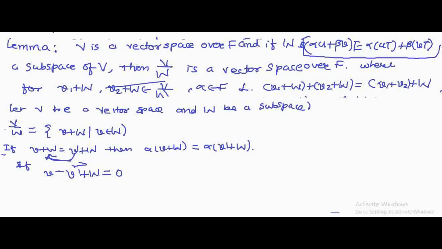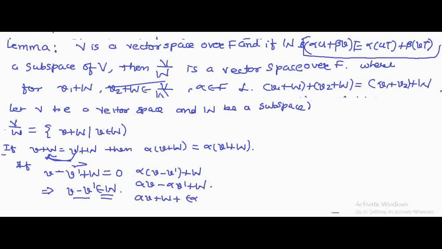Transferring to the left side, this is nothing but V minus V dash belongs to W. Since W is a subspace, we write alpha times V minus V dash plus W, which equals alpha V minus alpha V dash plus W, or alpha V plus W plus minus alpha V dash plus W. This implies alpha V plus W equal to alpha V dash plus W. The same element is written in this form.